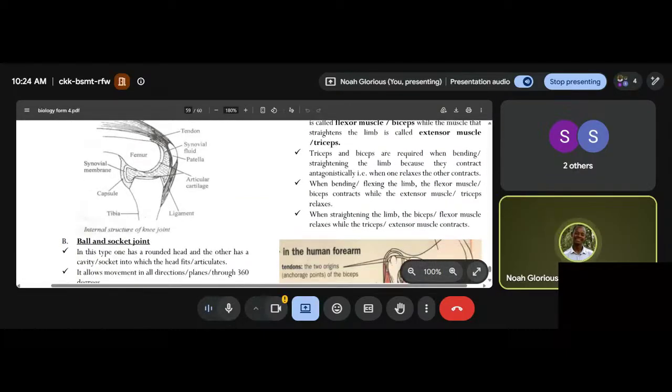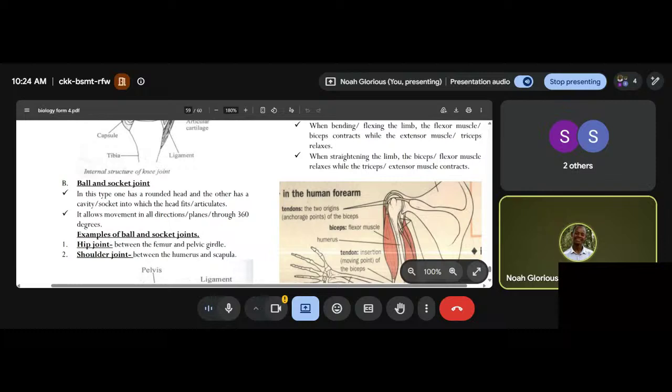Then we have the ball and socket joint. You could also read that one for us. In this type, one bone has a rounded head and the other has a cavity or socket into which the head fits or articulates. It allows movement in all directions, planes, or through 360 degrees.